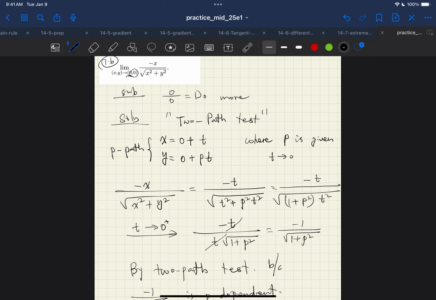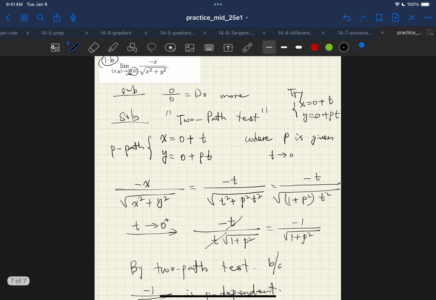For something like, you can try x equals 0 plus t squared, y equals 0 plus pt, or maybe the opposite way. So you can change those powers to find a different limit.